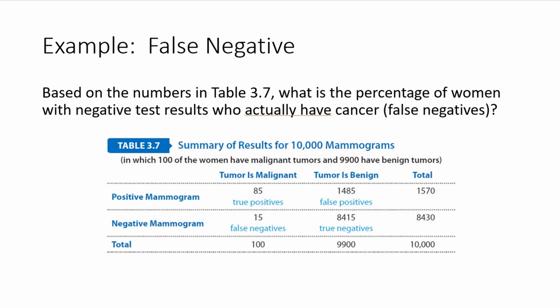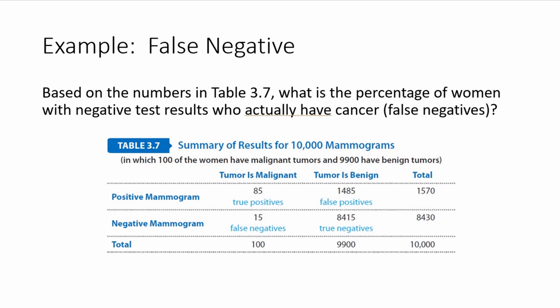The third row is titled Negative Mammogram, and the fourth is titled Total. Reading horizontally across, starting with Positive Mammogram and Tumor is Malignant, the number is 85. Moving to the right, Tumor is Benign, false positives, the number is 1485, so the total number of positives, whether true or false, is 1570.